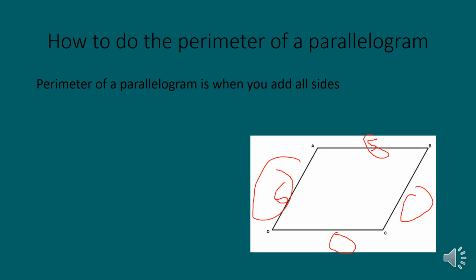We know that 6 times 2 equals 12 centimeters because both of these are the same. And 5 times 2, which equals 10 centimeters. Then we add both of them together, which equals 22 centimeters. All right, guys, that's the perimeter of this.